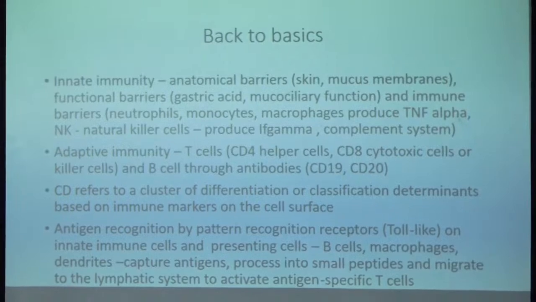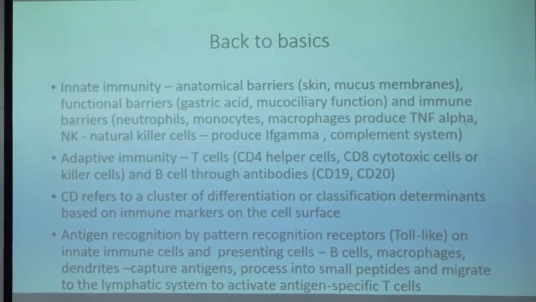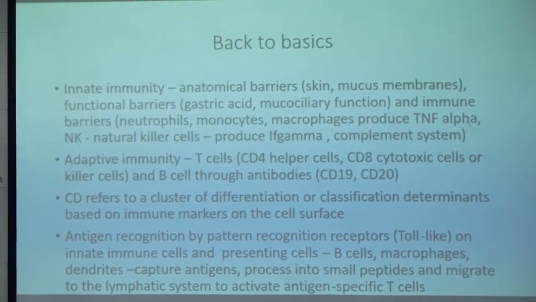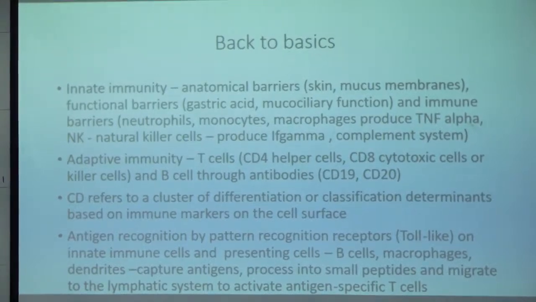Once you know that, they interact with immune cells and processing cells. Their job is first to identify, recognize an intruder. Once they recognize that, then they interact with immune cells and the processing cell, because this needs to be processed. And which are these cells? Largely the B cell, the macrophages, and dendritic cells.